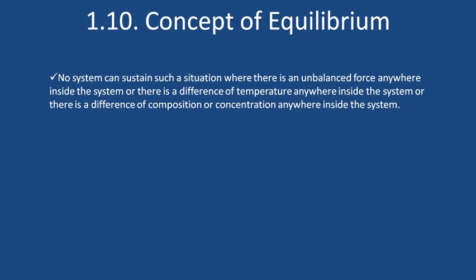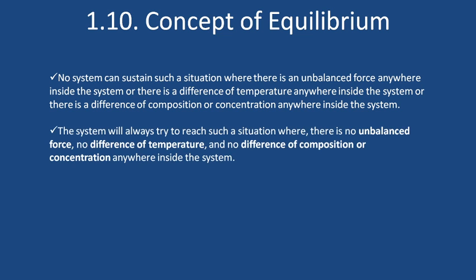The system will always try to reach such a situation where there is no unbalanced force inside the system, or there is no difference of temperature, or there is no difference of composition inside the system.